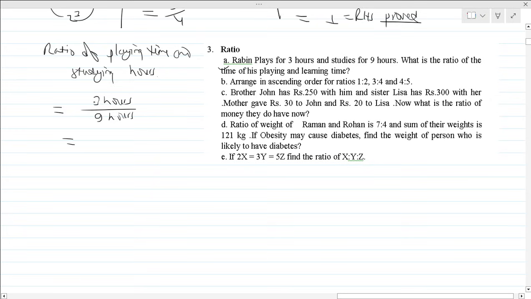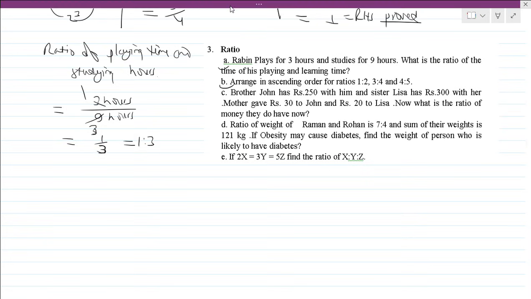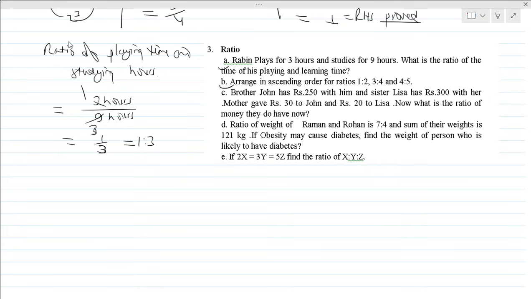So this can be cancelled. 3 ones are 3, 3 threes are 9. So we have here 1 by 3. So the ratio of playing time and studying hours is 1:3. Okay, this number is done. Now let's go for number B. I'll make this clear first.